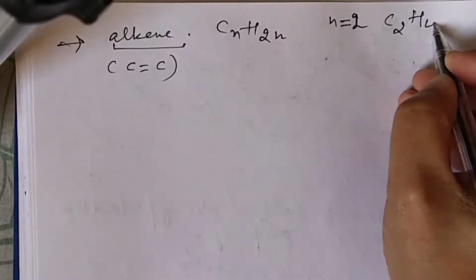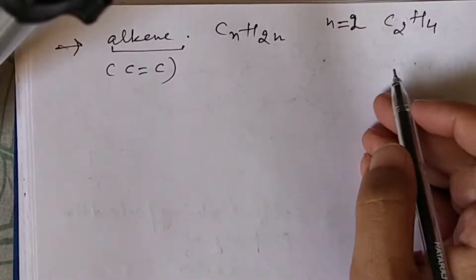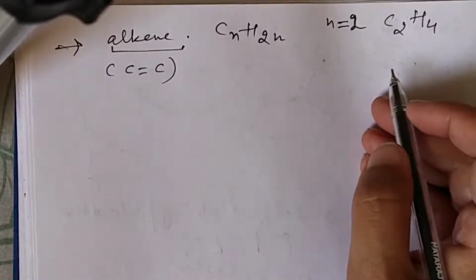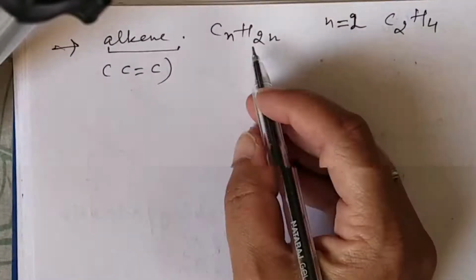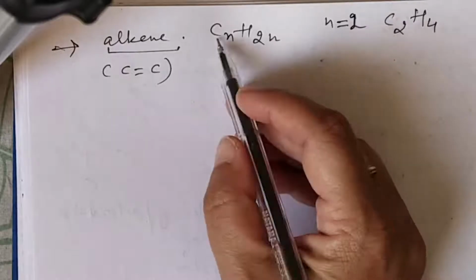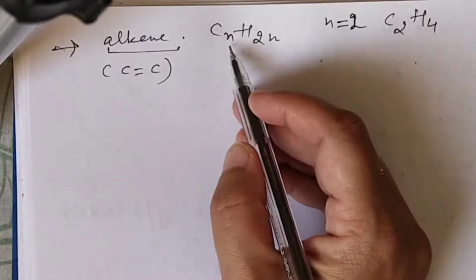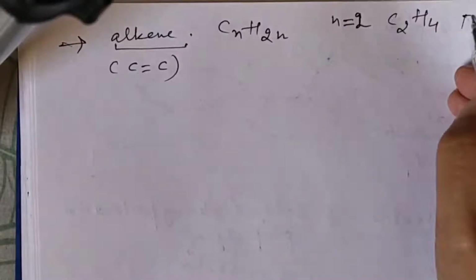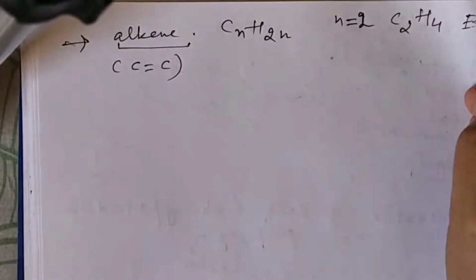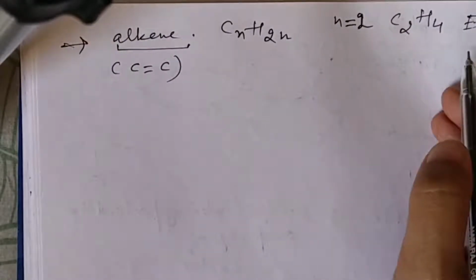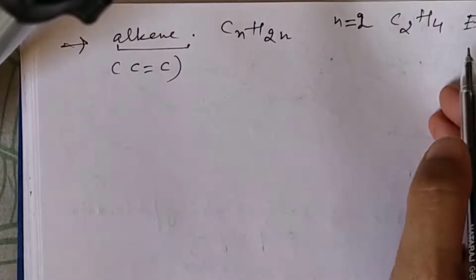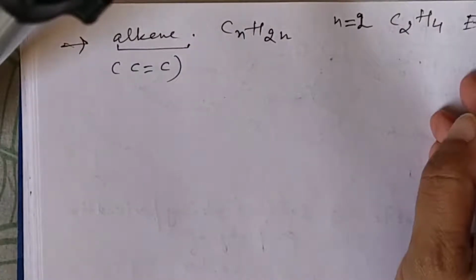What will become the molecular formula of ethene molecule? The number of carbon atoms here are 2. So the example we are taking here is of ethene molecule. In ethene molecule there are 2 carbon atoms.